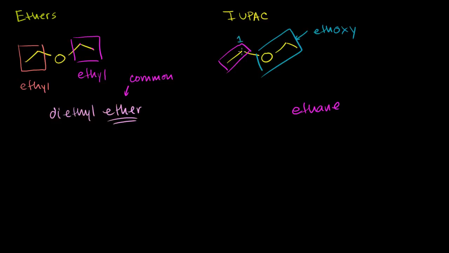We're just going to start numbering on this side of the ethane, just because that's where the group is attached to the 1 carbon. So we call this 1-ethoxyethane. You'll almost never see it actually named this way, even though this is the official name. You're much more likely to see this as diethyl ether.